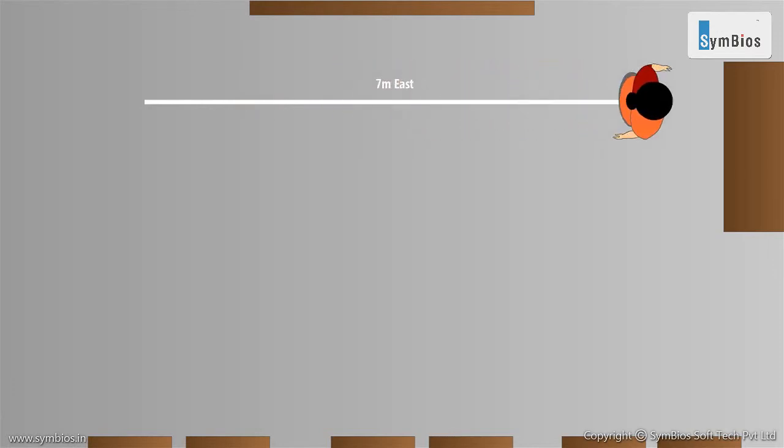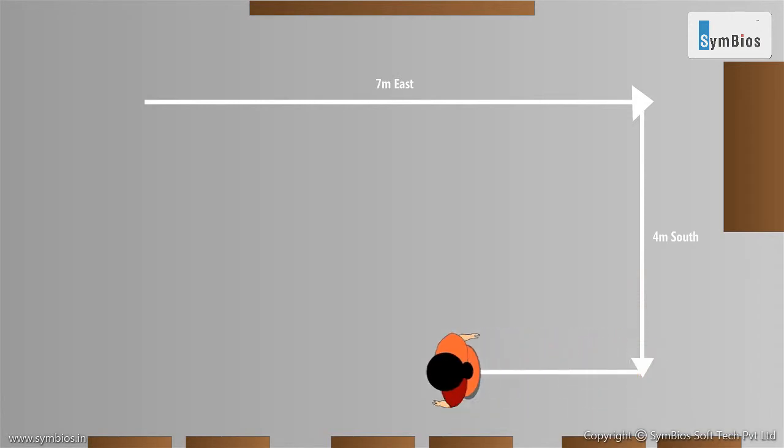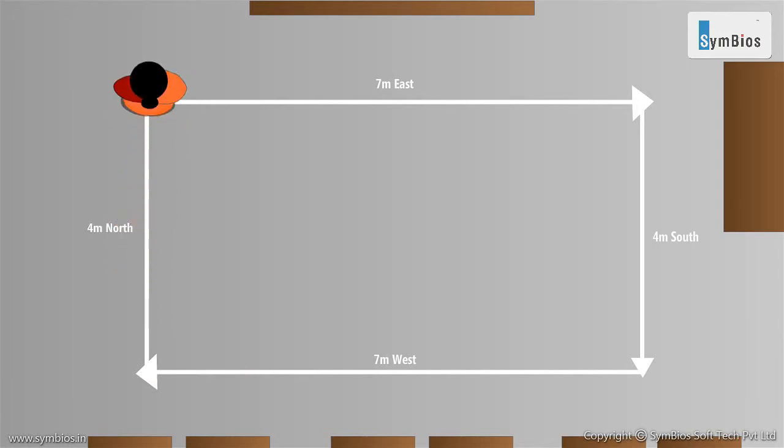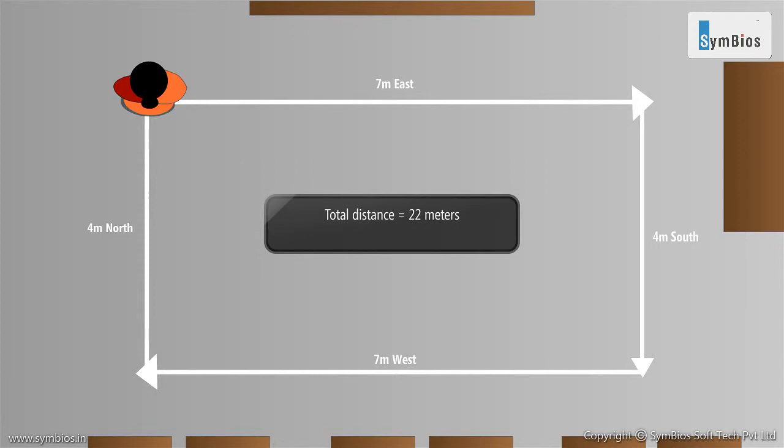Let us study an example to understand this concept. A teacher walks 7 meters east, 4 meters south, 7 meters west, and finally 4 meters north. Though the teacher has walked a total distance of 22 meters, yet her displacement is 0 meters.